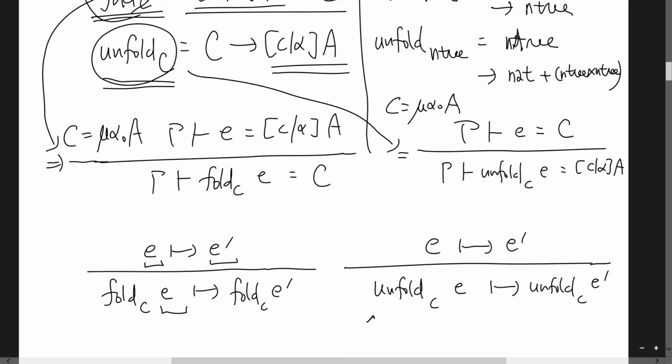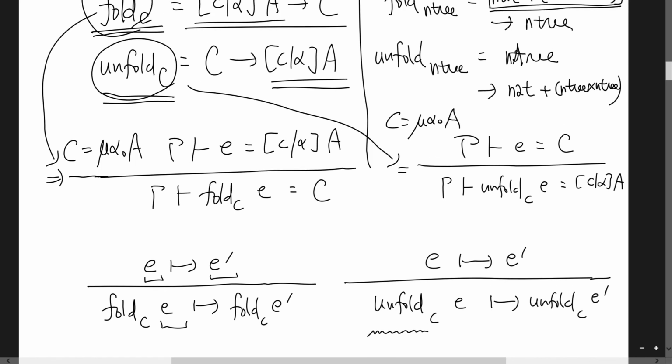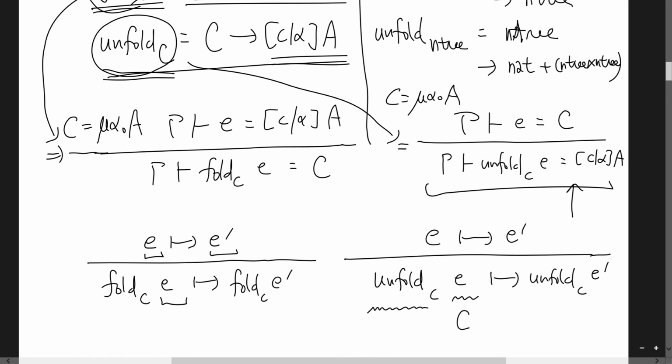But what happens eventually? If you go back to this type specification or this typing rule, unfold actually expects an expression of type C, a recursive type, something like mu alpha.A, or expression E is going to be of type natural number 3.